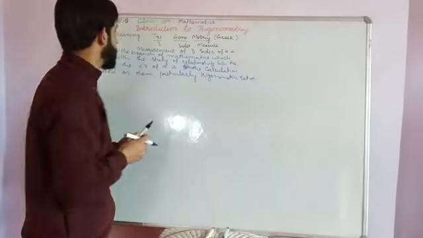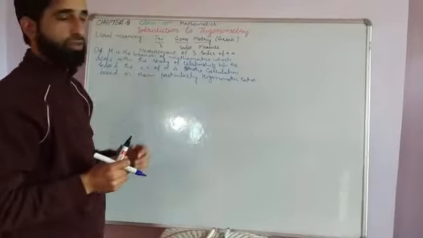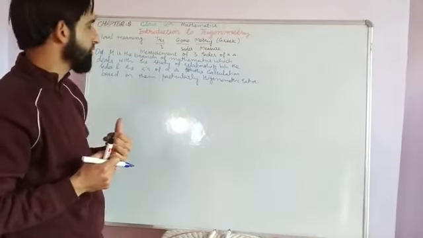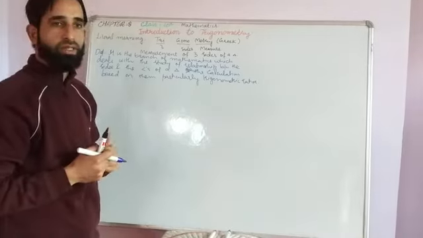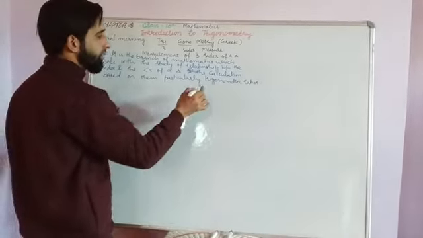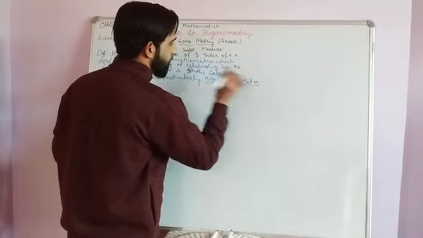So, dear students, this is the definition. It's that branch of mathematics which deals with the study of relationship between sides and the angles of a triangle and the calculations based on them, particularly trigonometric ratios. So, here comes the word trigonometric ratios.